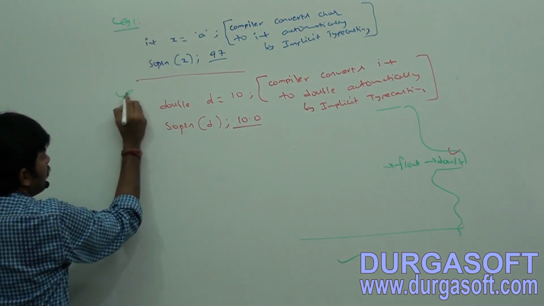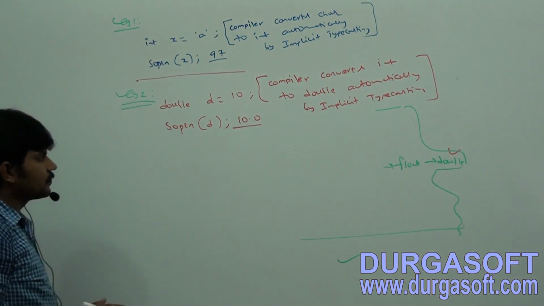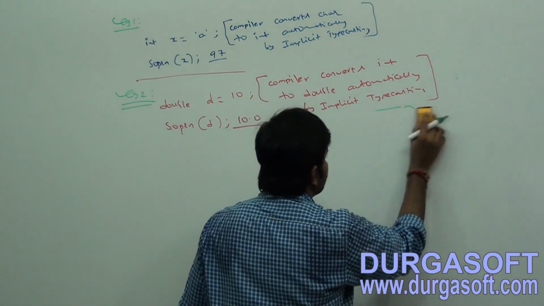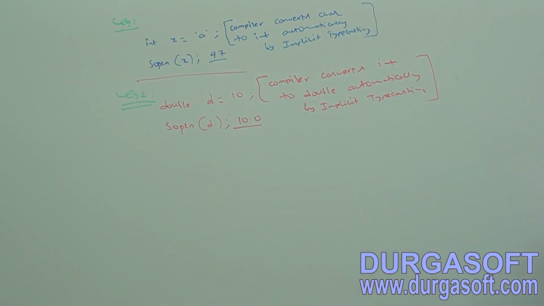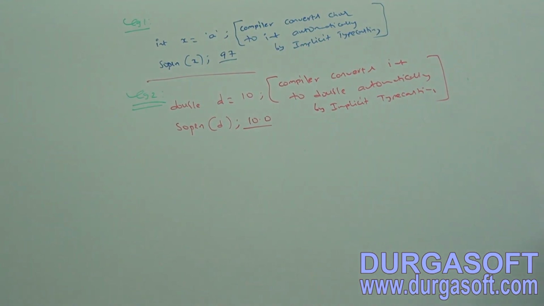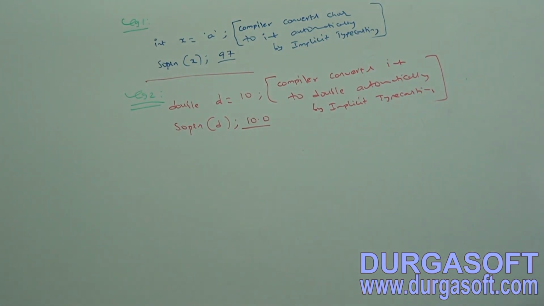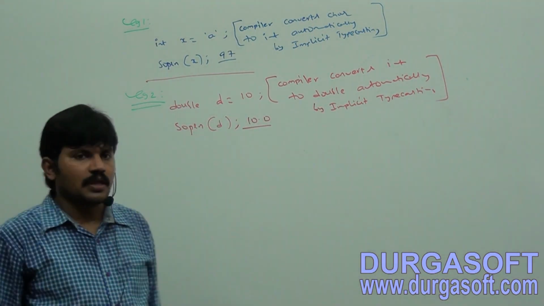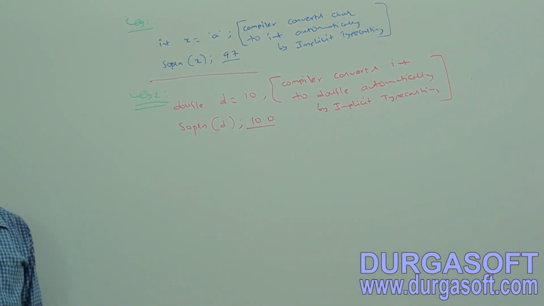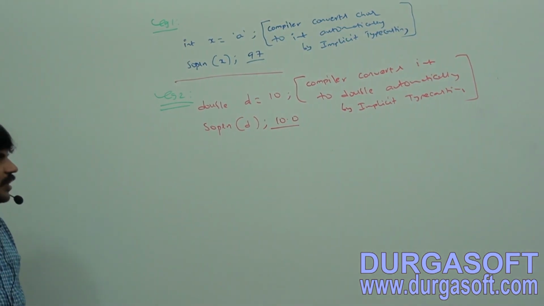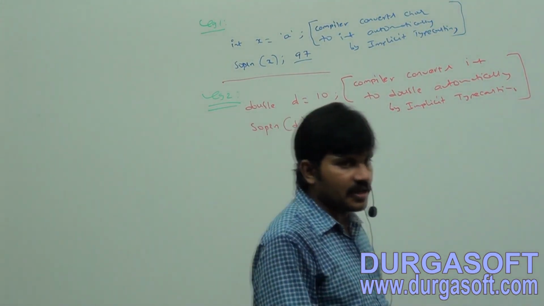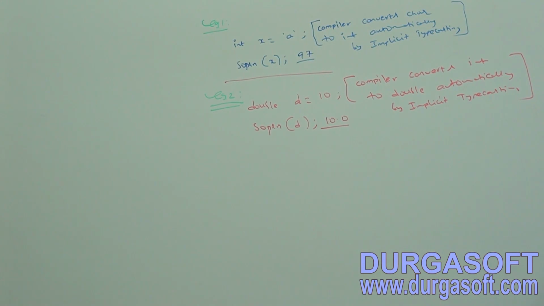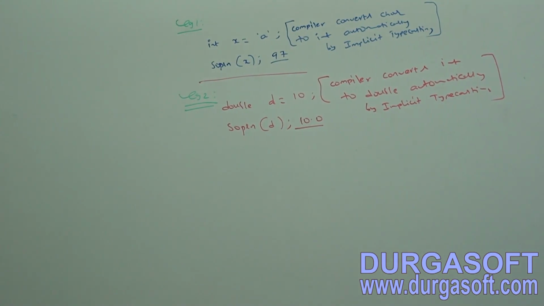Take example 1 and example 2. Completed, right? The compiler converts char to int automatically by implicit typecasting.